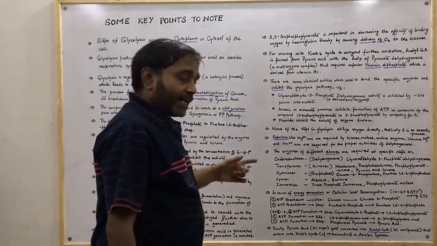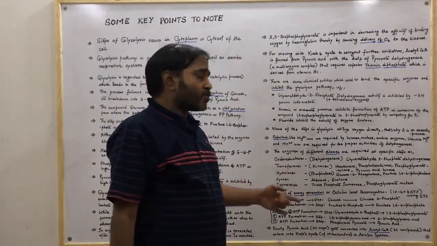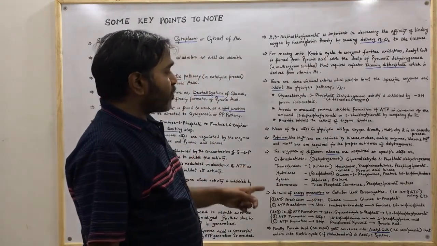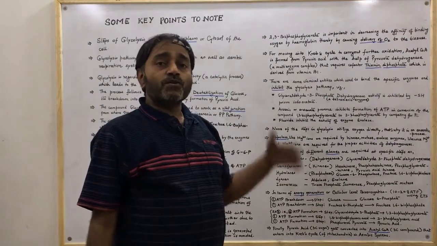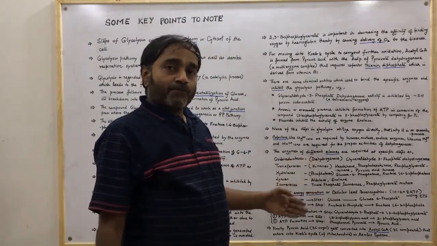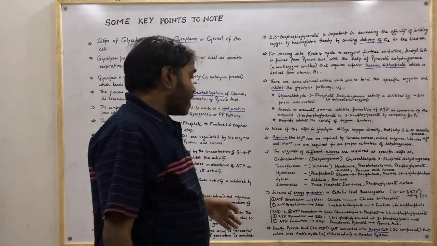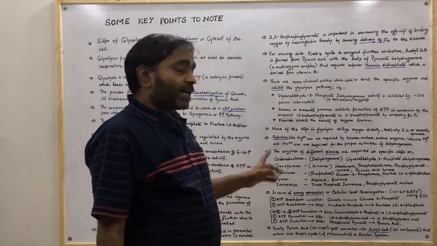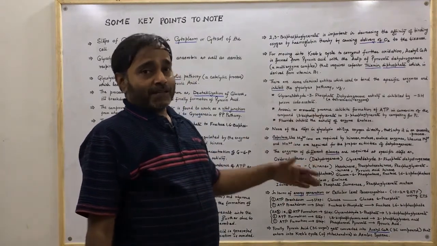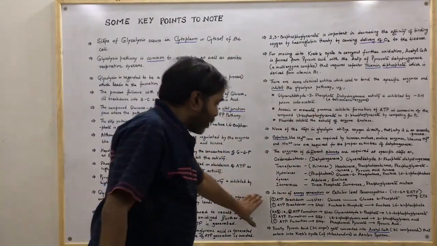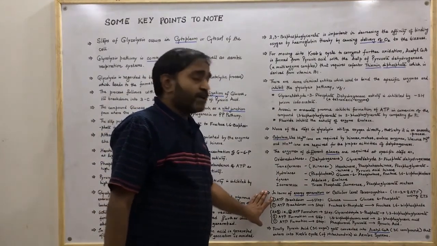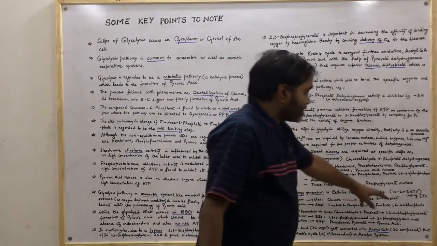And now what is the next site where ATP formation occurs? That one is in the step where 1,3-bisphosphoglyceric acid gets converted into 3-phosphoglyceric acid. Likewise, the next step where ATP formation occurs is the conversion of phosphoenolpyruvate into pyruvic acid. So these are the important steps where the breakdown or formation of ATP takes place.